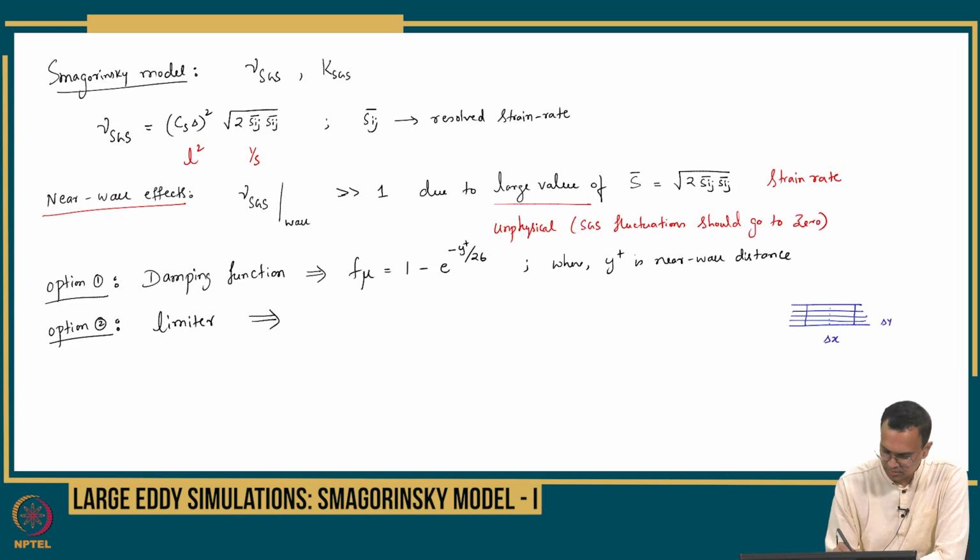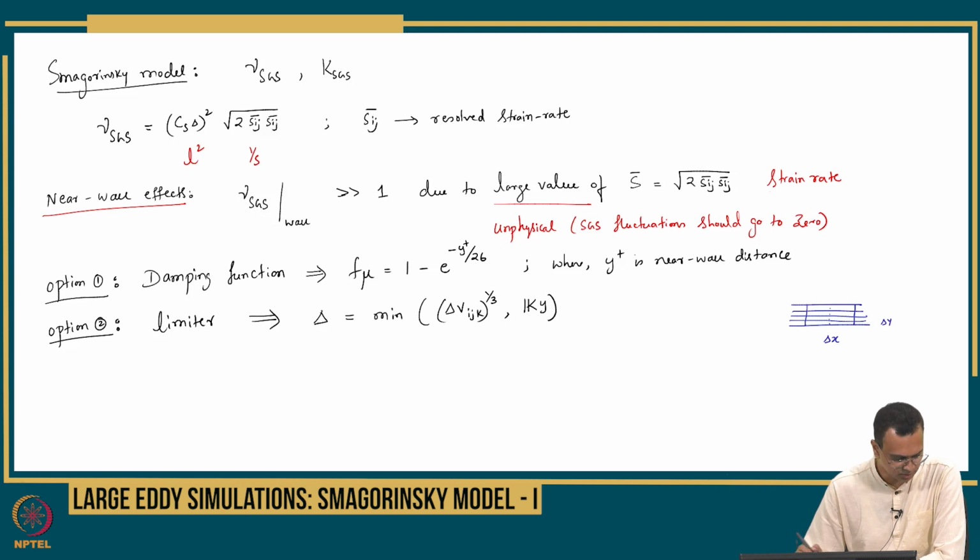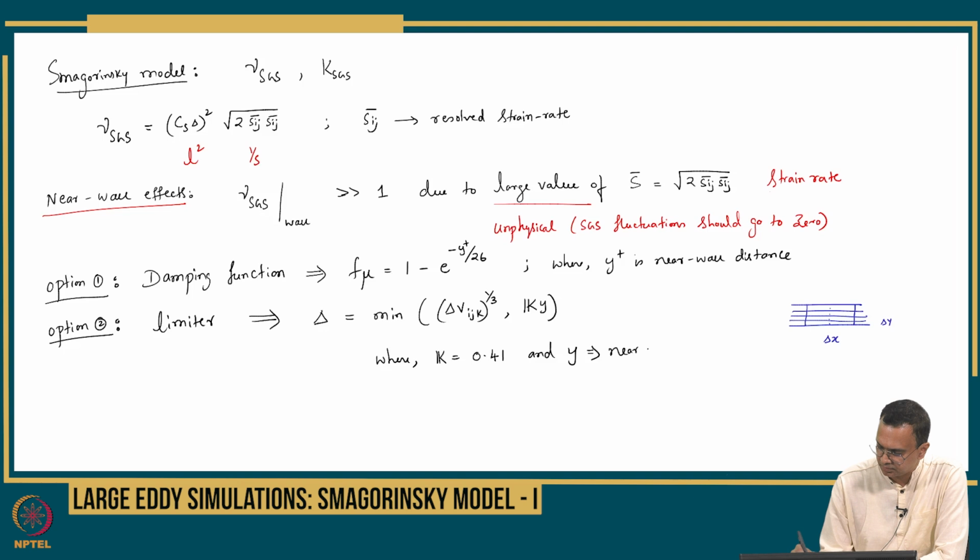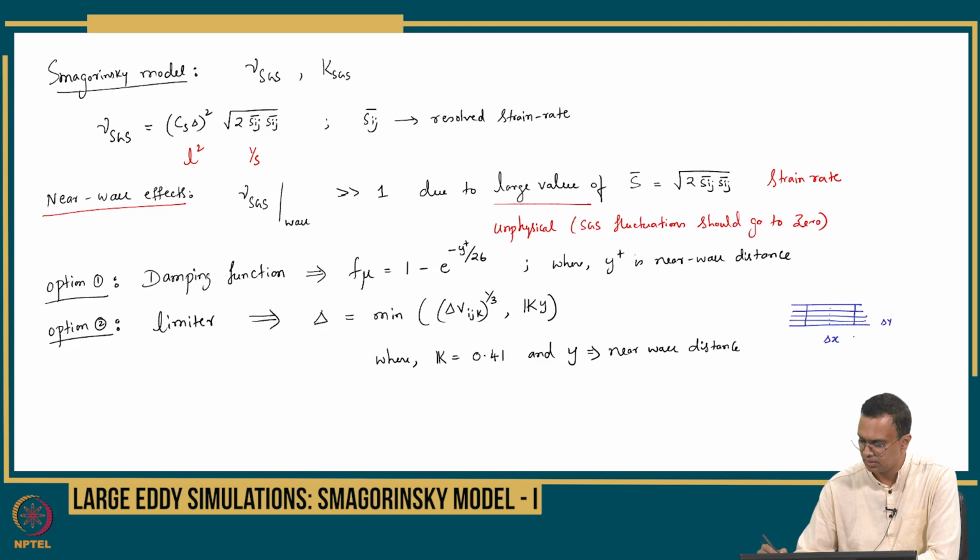What we do for this limiter is, the delta is set as the minimum of delta V at any location i, j, k index, or you take the mixing length, kappa y. Kappa is the von Karman constant, 0.41, and y is the near wall distance as before.